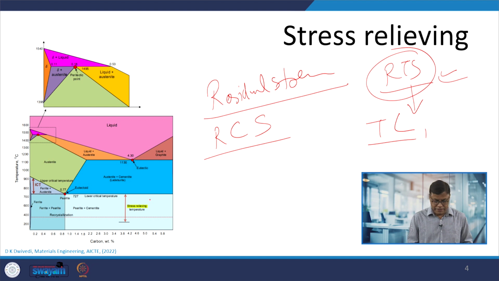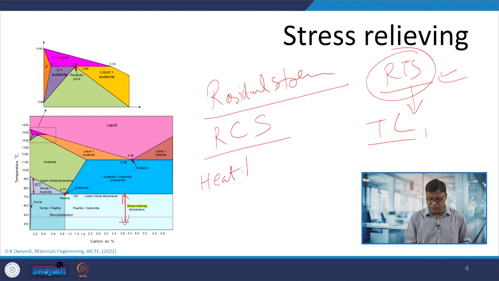So, what is done? This is the temperature range. The component is subjected to heating below the lower critical temperature, so that the locked in strain resulting in the residual stresses can be eliminated. So, this is one heat treatment approach.